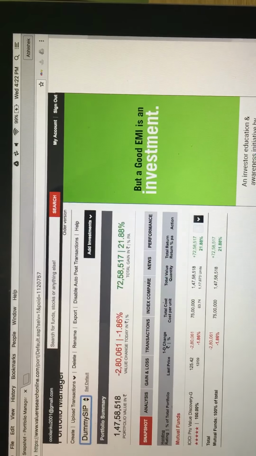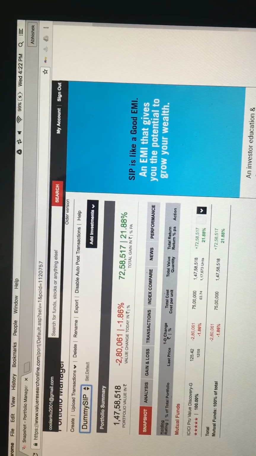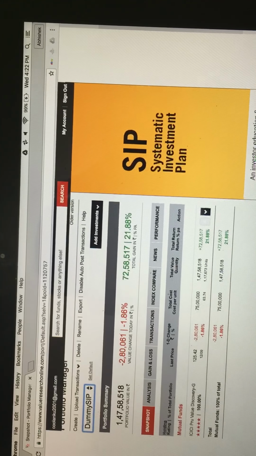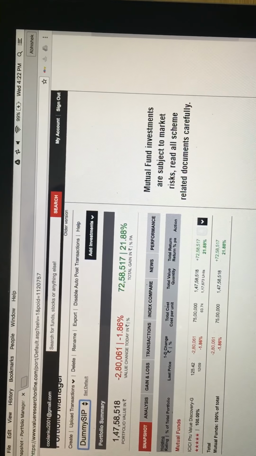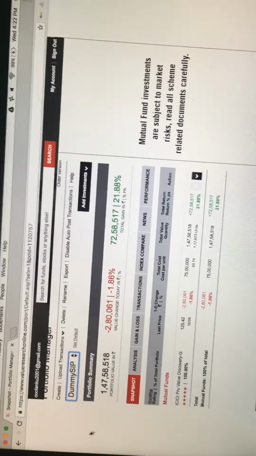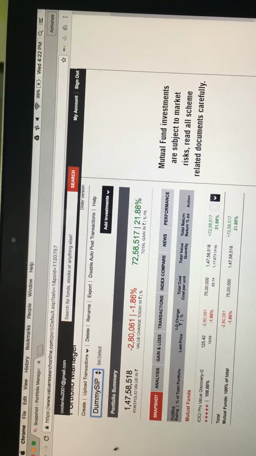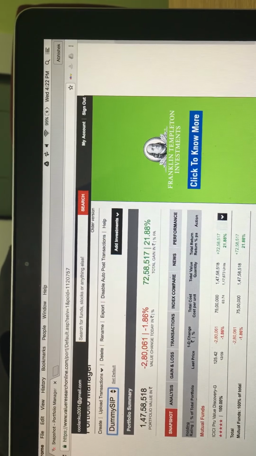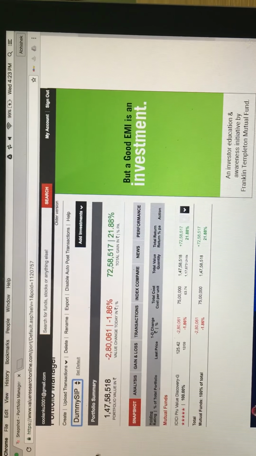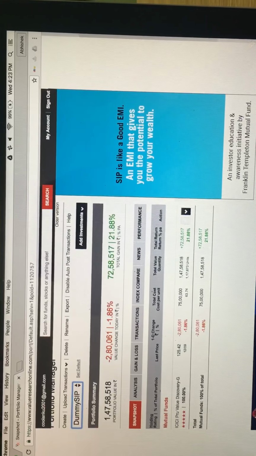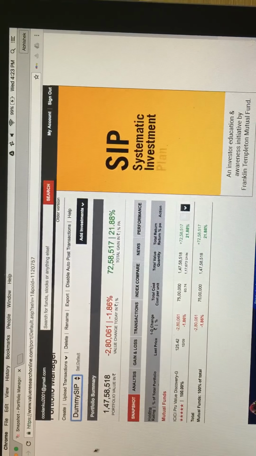I call that an SIP. Let me take it in figures. Let's say I earn 1 lakh rupees every month. Out of that, I invest about 30 to 40,000 rupees every month in a mutual fund. That is called an SIP into a mutual fund.